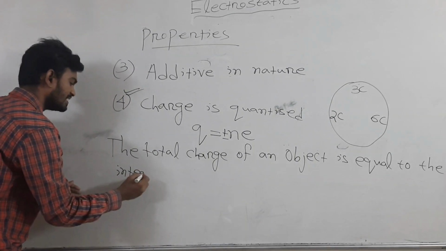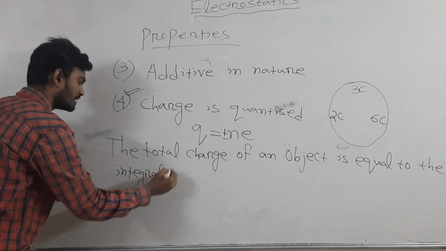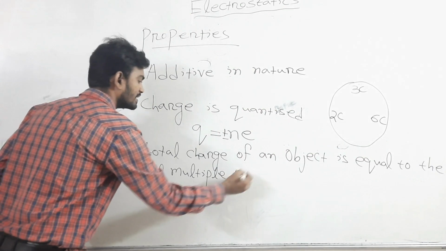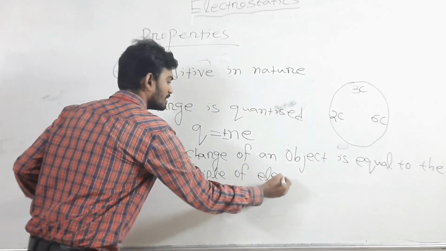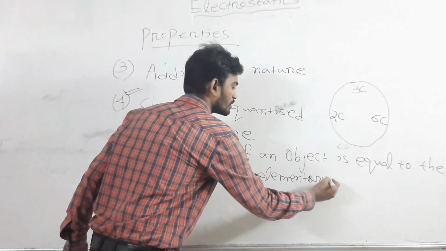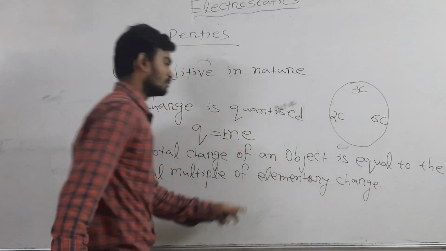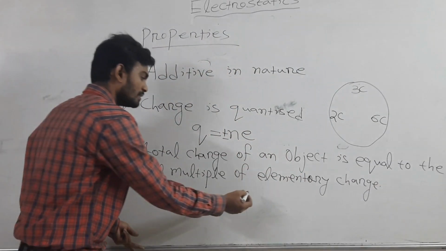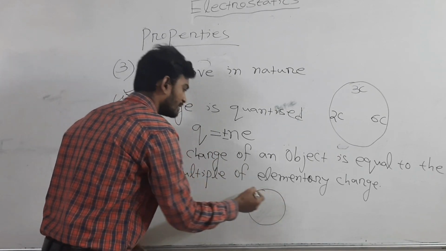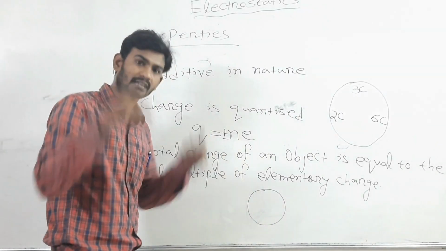Integral means a number of integers. Elementary charge means electron or proton. So it means the total charge of an object is equal to how many electrons or protons are present in that object.